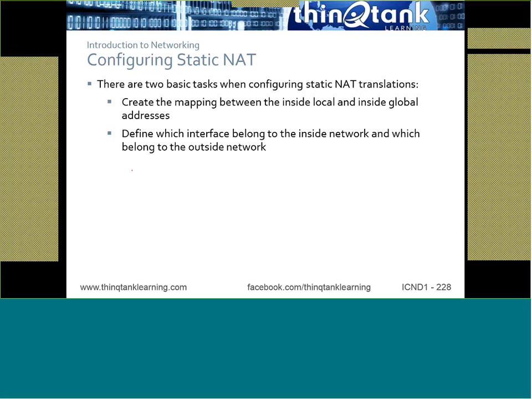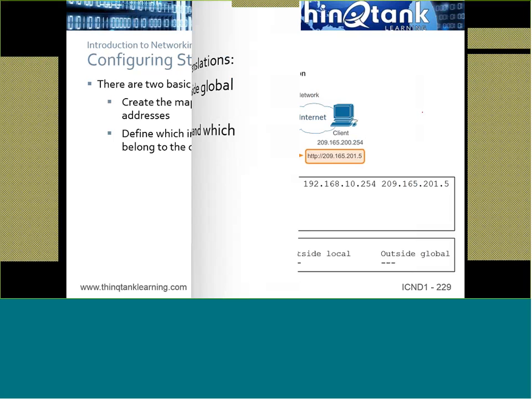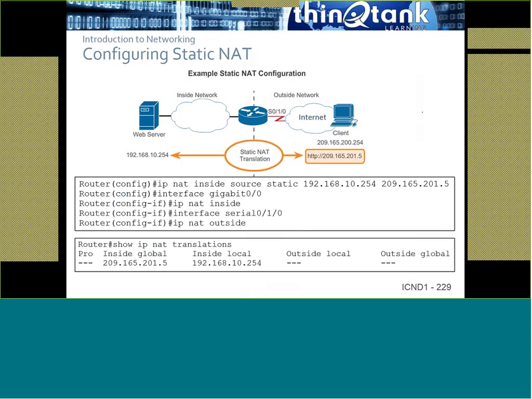And the policy is essentially what is that mapping from inside local to inside global. In other words, what is the address mapping between private and public? All right? It's actually not that complex, especially in a Cisco router. It's a little bit more complex than a firewall. Not much, but a little bit more.